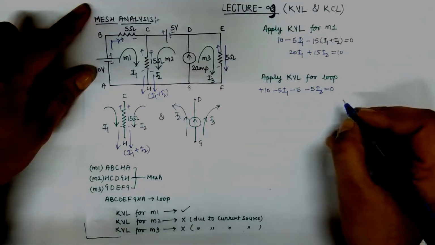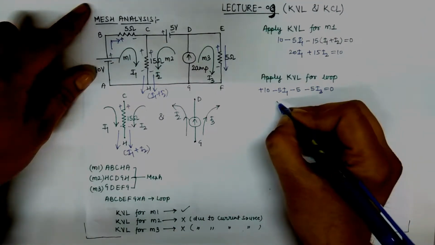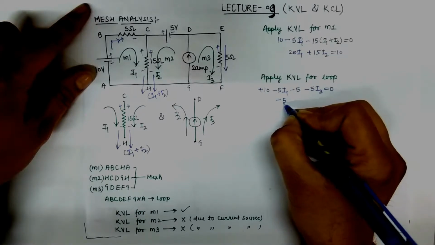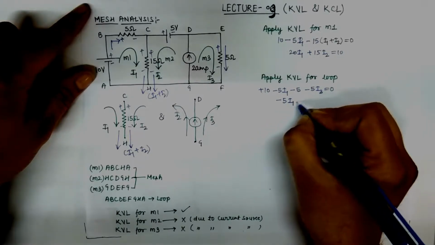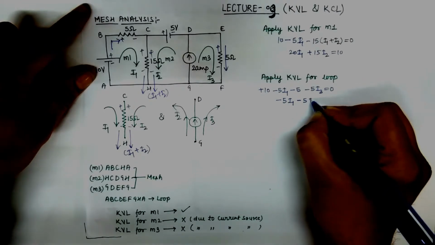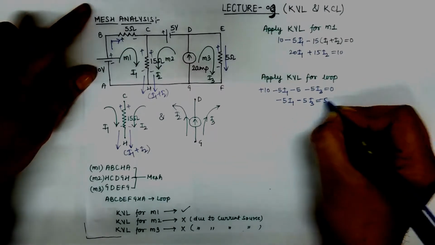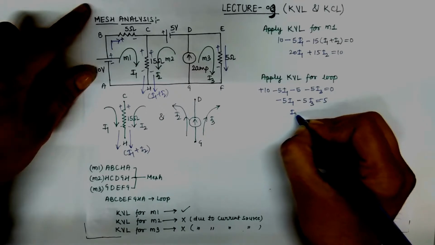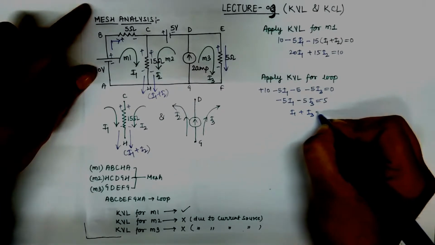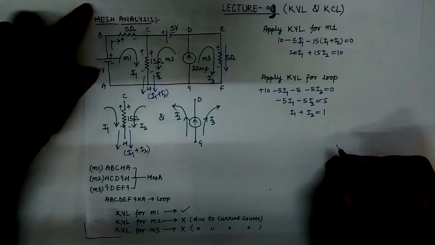After solving this, it is minus 5 I1 minus 5 I3 is equal to minus 5, and I1 plus I3 is equal to 1.